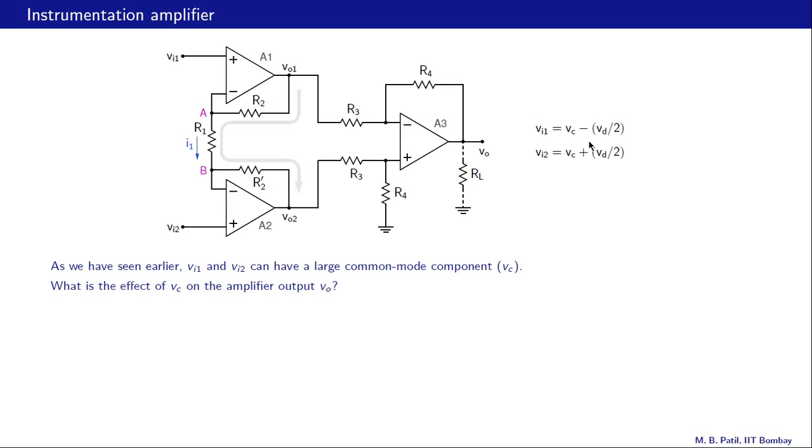Vi1 is given by Vc minus Vd by 2, Vi2 is given by Vc plus Vd by 2, and we have seen earlier in the bridge circuit example that Vc can be quite large, for example 7.5 volts there, and Vd was only 37.5 millivolts in that example. And now we want to know what is the effect of this common mode input voltage on the amplifier output VO there.